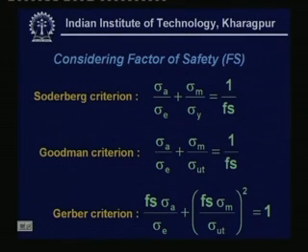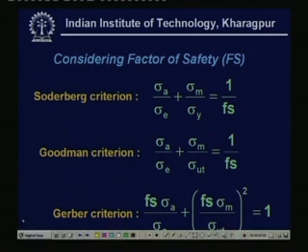Now, one thing we will see right now is that in this particular expression the same Soderberg criterion has been written, where we consider a factor of safety F s. In that case the equation changes to sigma A by sigma endurance plus sigma mean by sigma yield point equals 1 by factor of safety. How does it come? It is very simple.